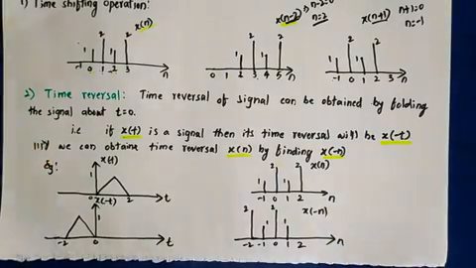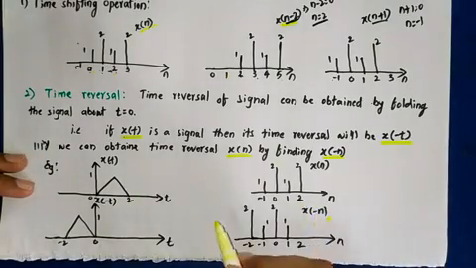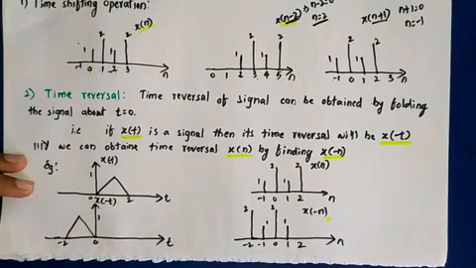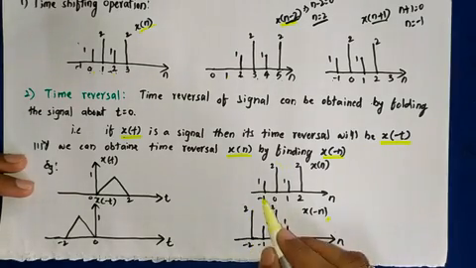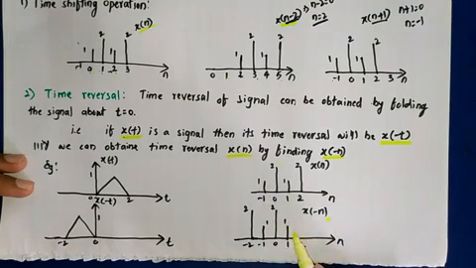So x of minus n can be obtained by what? Whatever the values of n are there, that will be changed to minus. If it is minus, that will become plus. If it is plus, it will become minus. That's what we are doing. So you can see here, at minus 1 I have 1, so this will shift to plus 1. So at plus 1 I will have 1.